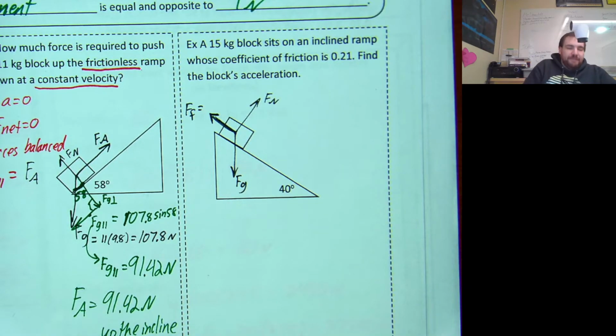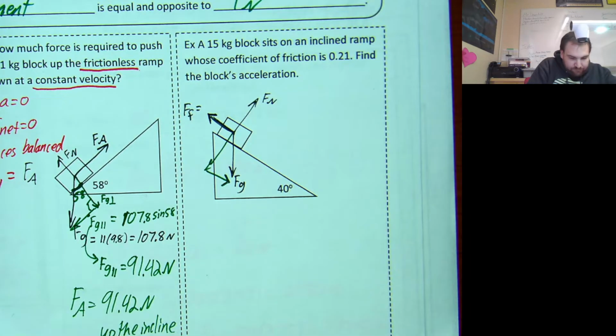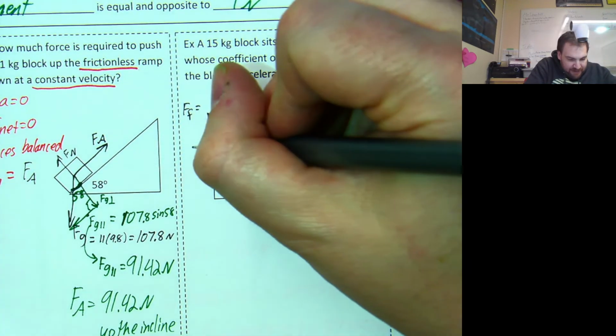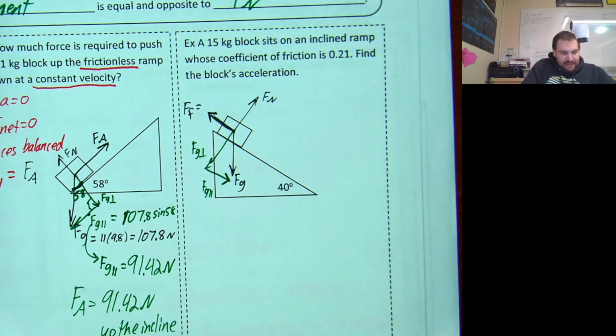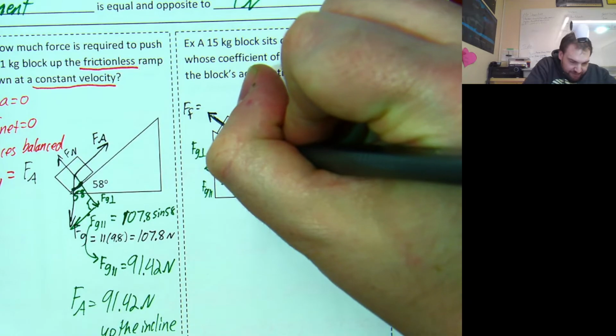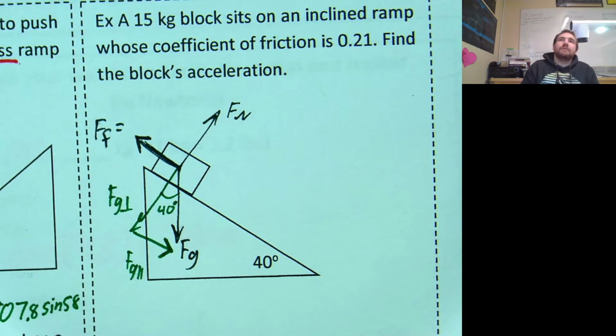Let's add to our free body diagram the components of gravity. Here is my Fg perpendicular. Here's my Fg parallel. This angle right here is 40 degrees. What now? We do some sine stuff.